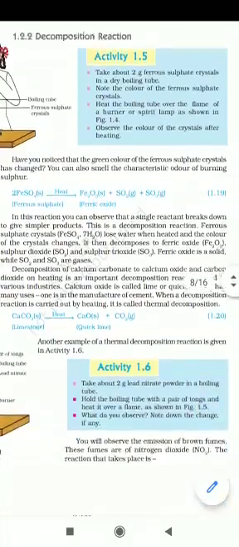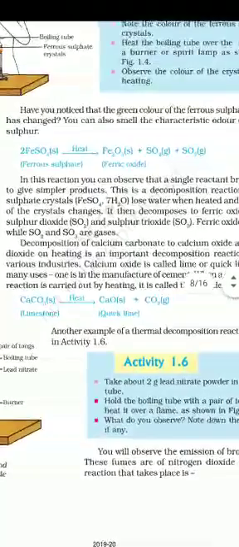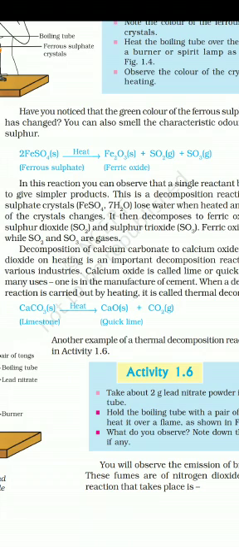Here we have an equation which explains the decomposition of ferrous sulphate. Ferrous sulphate, FeSO4, when we apply heat, converts into ferric oxide. Be careful: ferrous and ferric. We already discussed valencies.